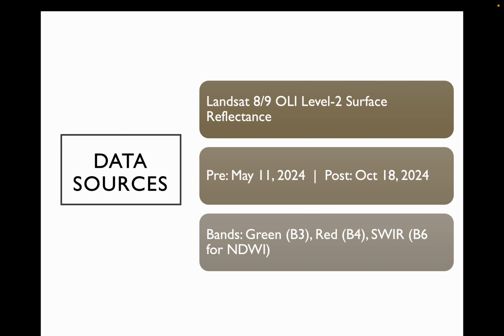For pre-hurricane, I picked May 11, which has low cloud coverage, and for post-hurricane, fortunately we have October 18, which was 11 days after Hurricane Milton, and the cloud was also pretty clear at that time. These two days capture conditions before and after the accumulated storm impact.